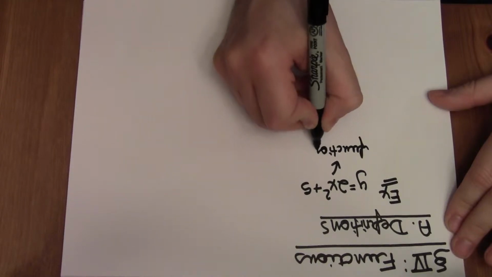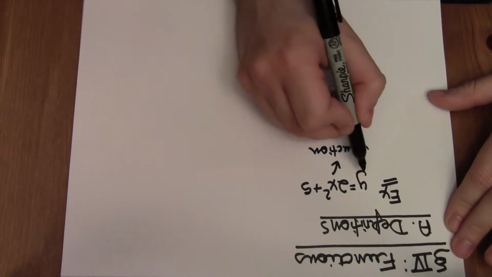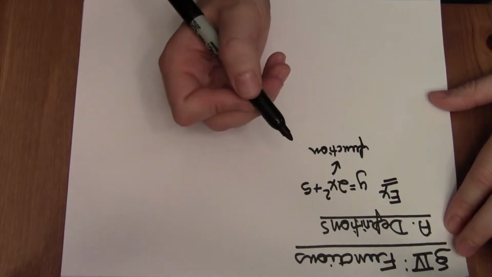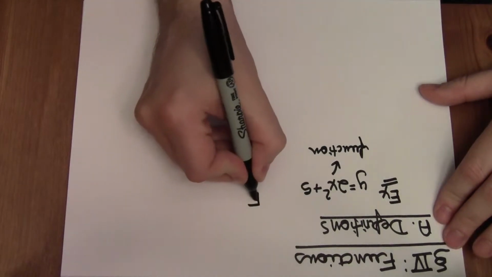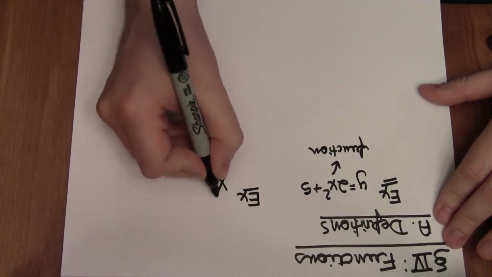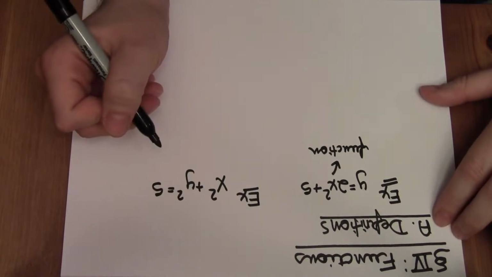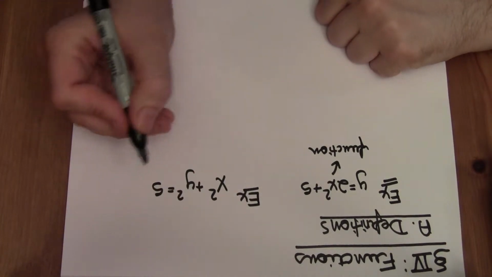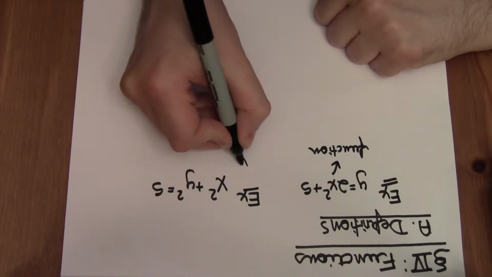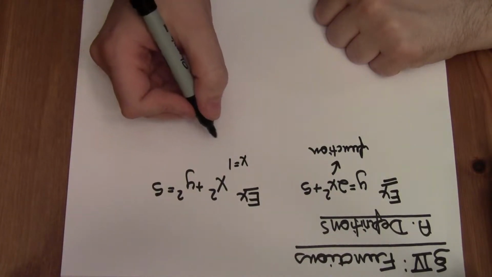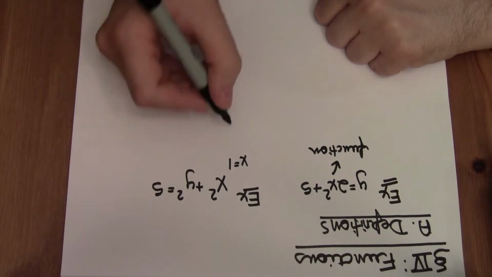Plug in an x value, square it, times 2, plus 5, you're only going to get one y value as your output. Compare this to something like x squared plus y squared equals 5. This is not going to give us a function. For example, if I plug in 1 for x, remember to be a function I need to get out one y value.